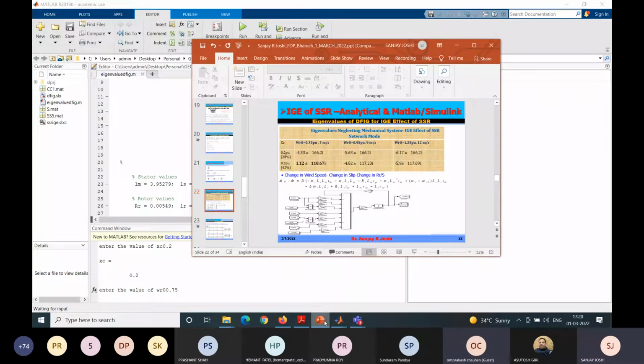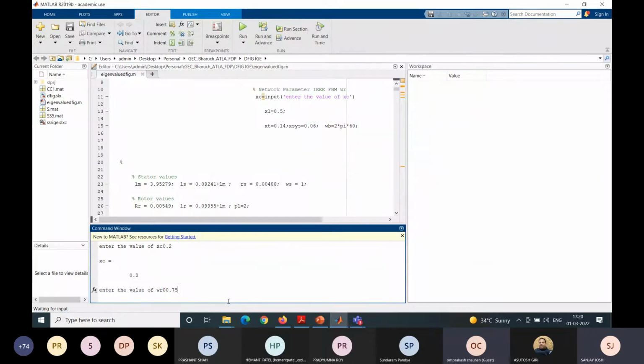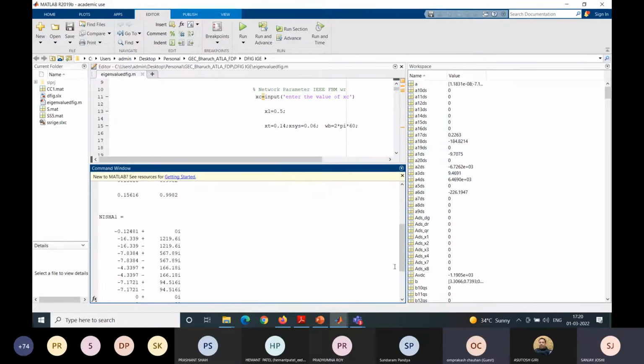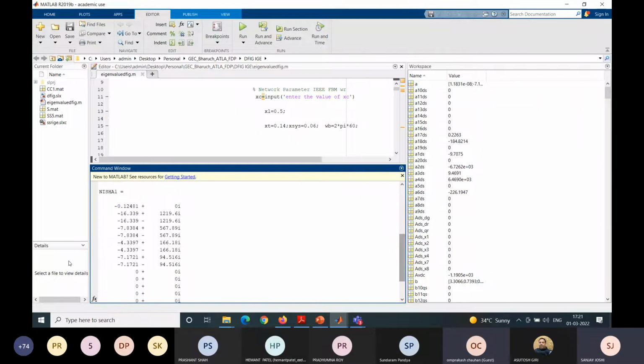Yes, 0.75. You can see that especially the network mode is stable. Can you see the selected network mode? Can you all see the selected one? Yeah, okay.